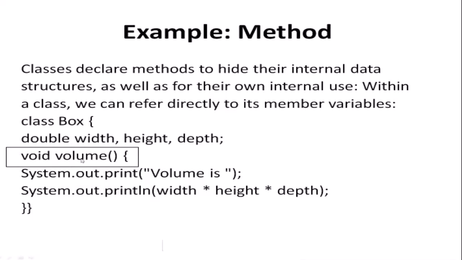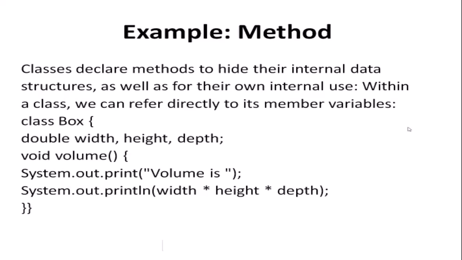If you are using two or three classes, what will happen? Whenever you use two or three classes, the constructor does not create the object explicitly, but for a method you need to create an object explicitly. That is the main difference between a constructor and a method. Within the same class, there is no need to declare the object. If you are outside the class, you can access it only by using the object.